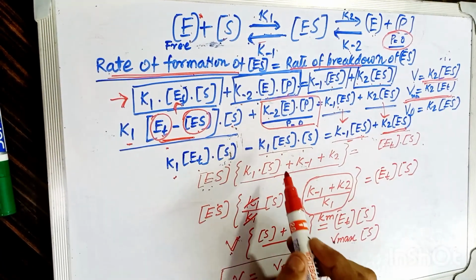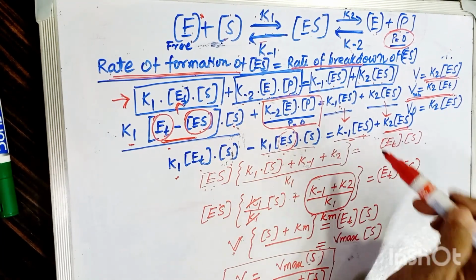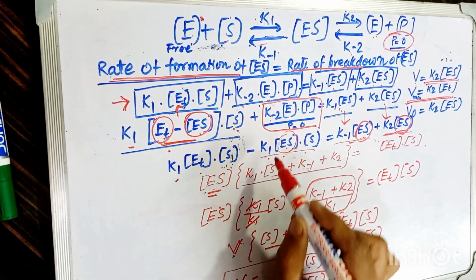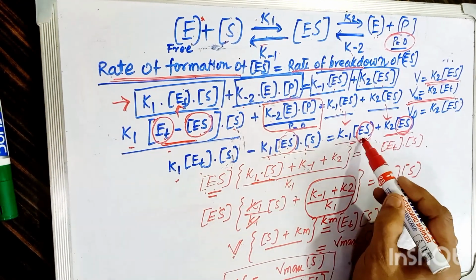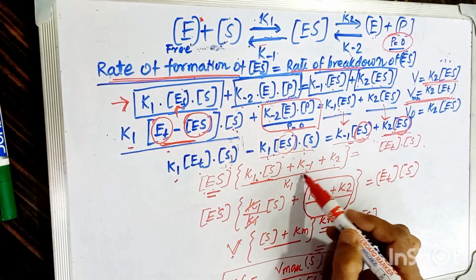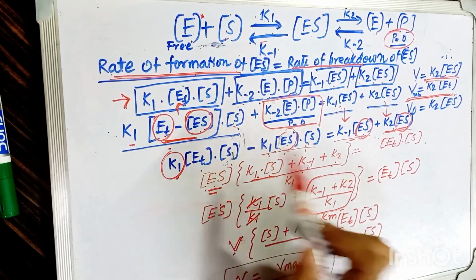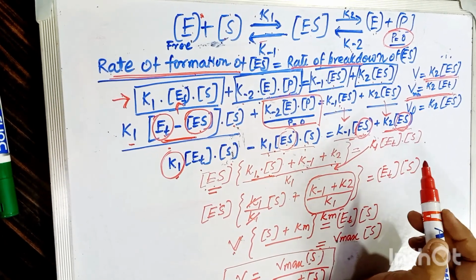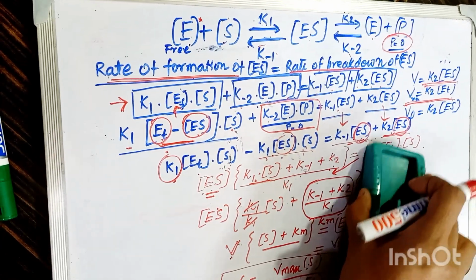Then I took out the ES as common from here and from here, and K1 into S remains here, and K minus 1, K2 from these two expressions. Here the K1 was there, and I put it down there, and I rubbed this K1 out of the equation.